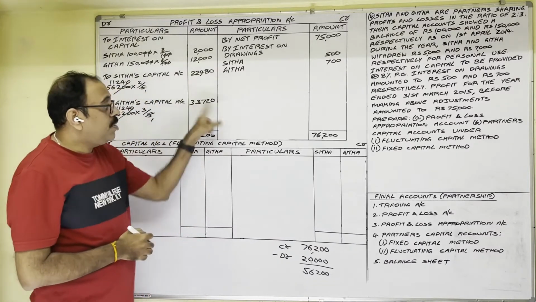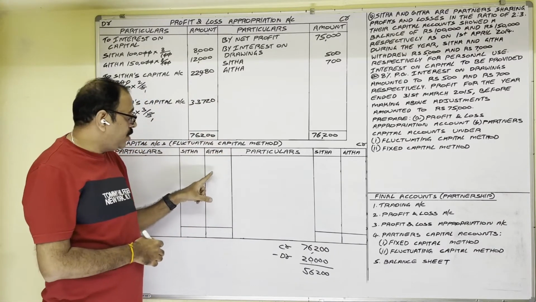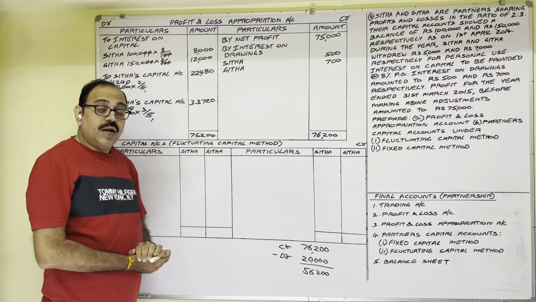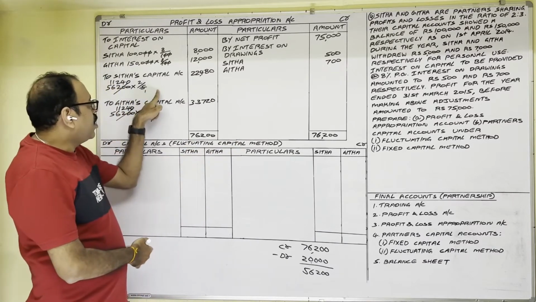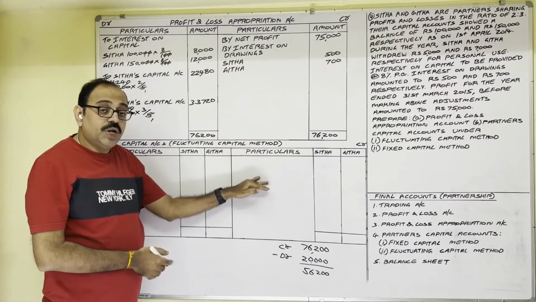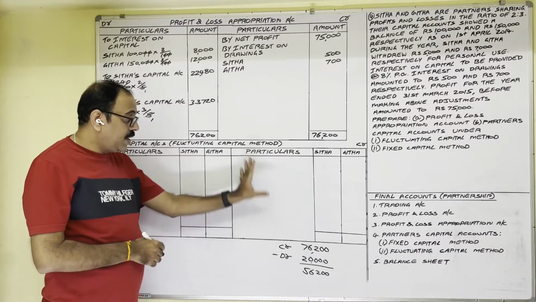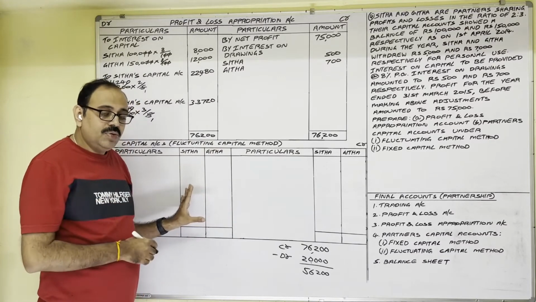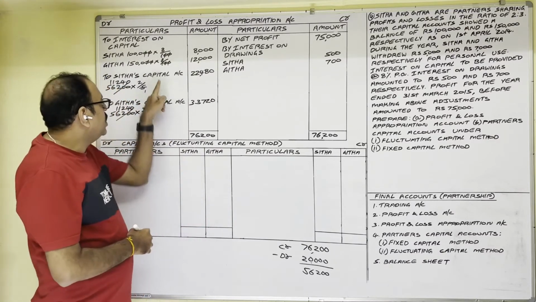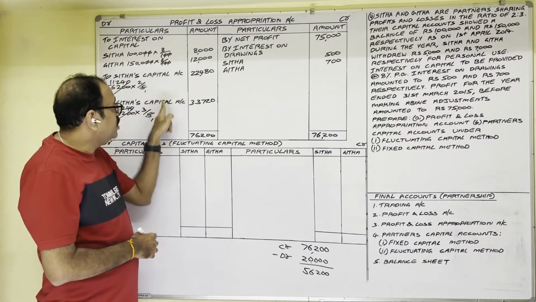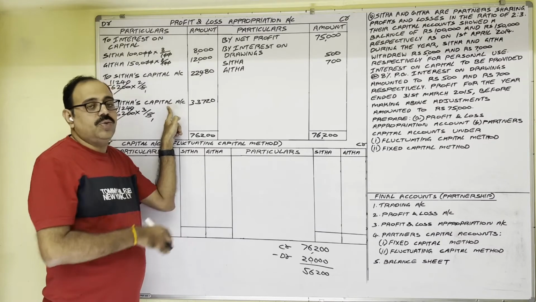After the P&L appropriation account, I am going to prepare capital accounts under the fluctuating capital method. That is why I am directly transferring this profit to capital accounts. Next, I am going to prepare capital accounts under the fixed capital method. In this case, instead of transferring to the partners' capital accounts, you have to transfer this profit to the partners' current accounts.